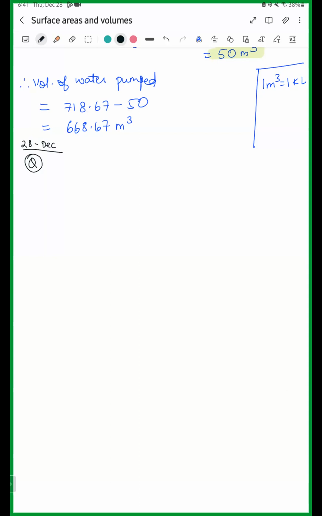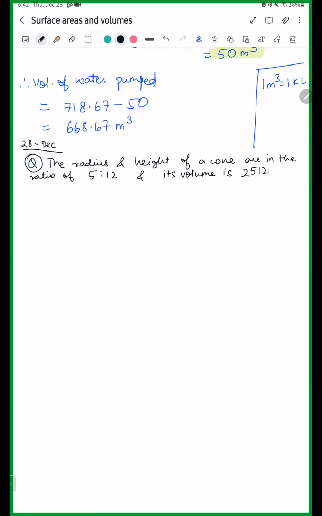Write down this question. The radius and height of a right circular cone, means right cone, are in the ratio of 5 is to 12, and its volume is 2512 centimeter cube.